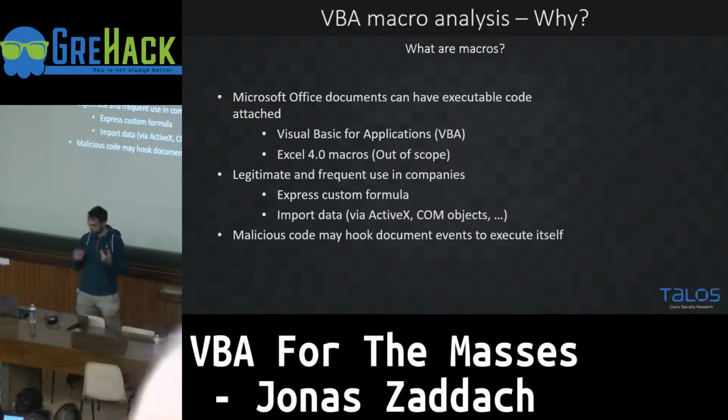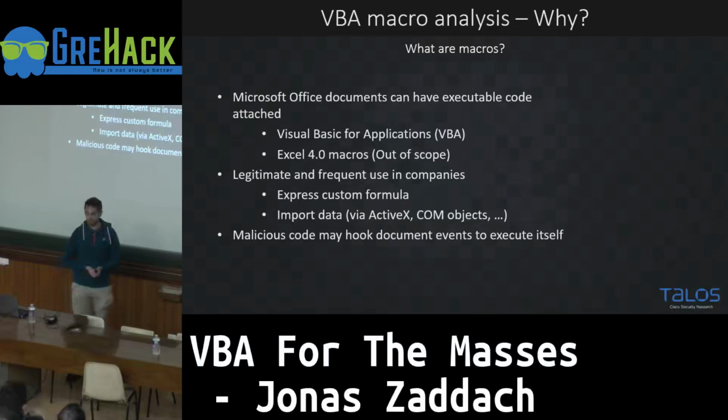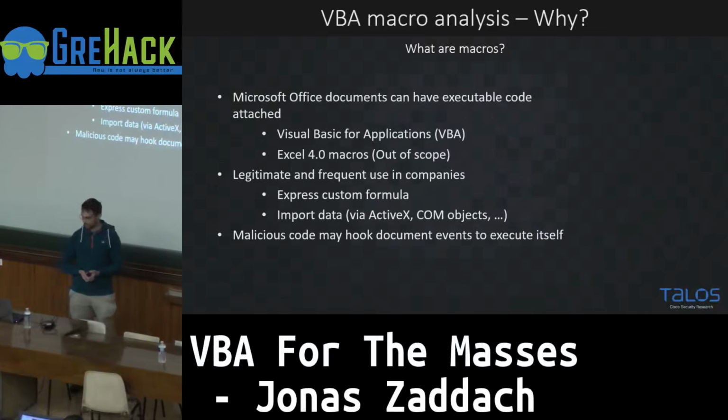And the reason we still have macros around is that there are many legitimate uses for them. In a company, people want to express custom formulas, or they want to connect to a database, fetch data into the Excel sheet, and then manipulate it there.